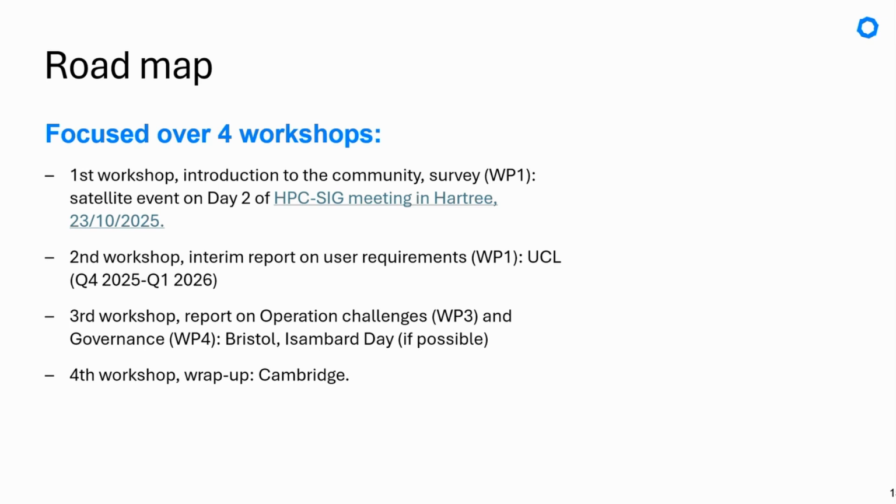The second workshop is planned to be an interim report on user requirements, at UCL, to be confirmed for Q4 2025 or Q1 2026. The third workshop will be a report on operation challenges, WP3, and governance. That will be, if possible, during Isambard Day in Bristol next year as well. And the wrap-up fourth workshop will be in Cambridge at the end of Q3 2026.